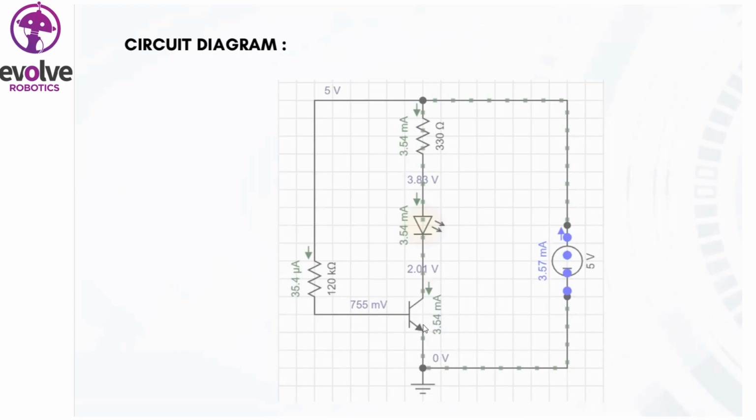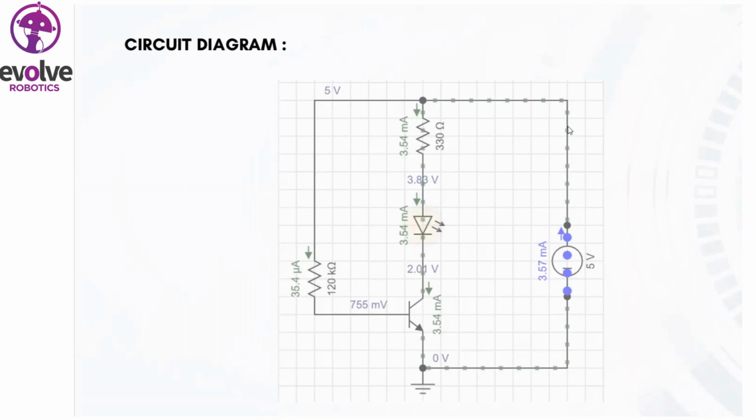Here I connected the emitter of the transistor to the ground and the negative side of the battery. The collector side is connected with an LED, followed by a resistor, and the other end of the resistor is connected with the positive side of the battery.